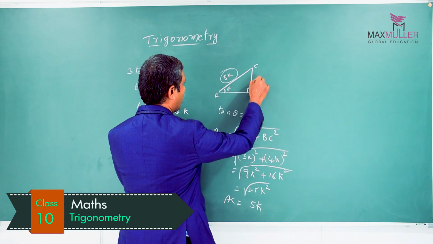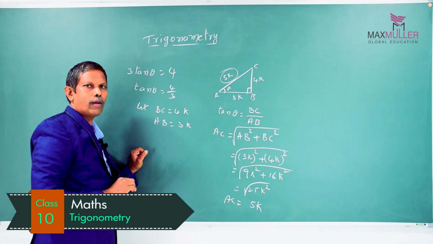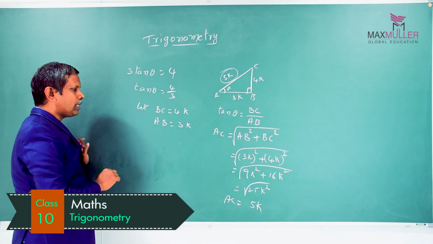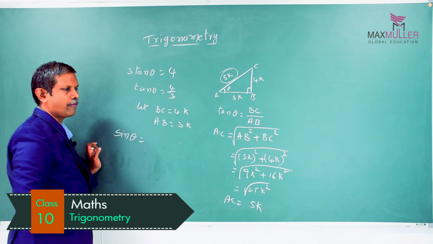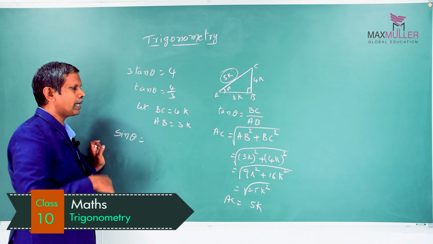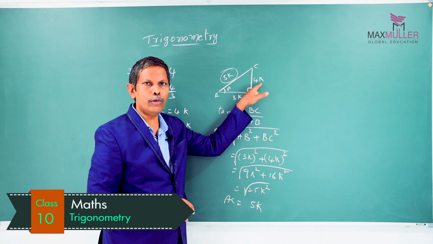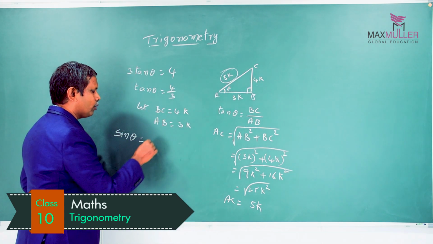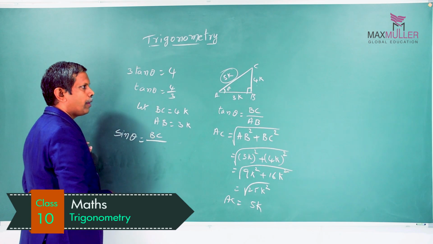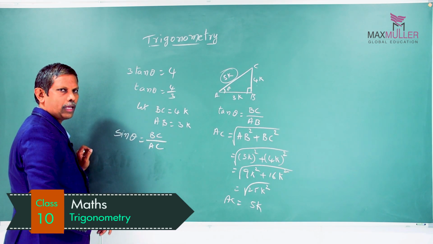So we have 4k and 3k, which are given, and we have found the AC value. Now we can find the value of sin theta. Sin theta is nothing but the side opposite to theta by hypotenuse, that is BC by AC.